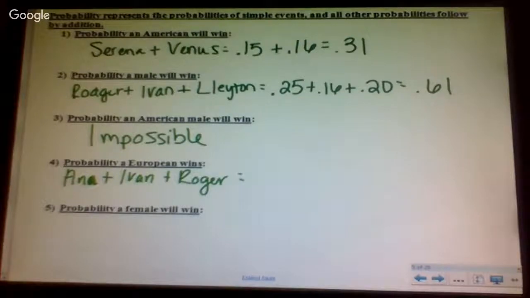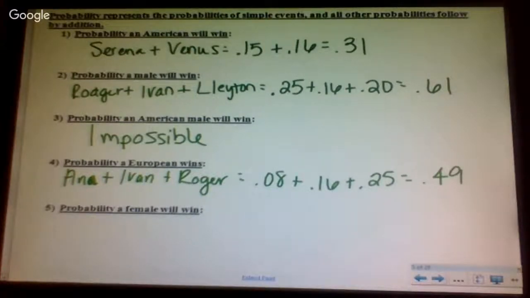Anna, Ivan, and Roger are all Europeans. So Anna is 0.08, Ivan is 0.16, and Roger is 0.25, which means a European has a probability of 0.49.